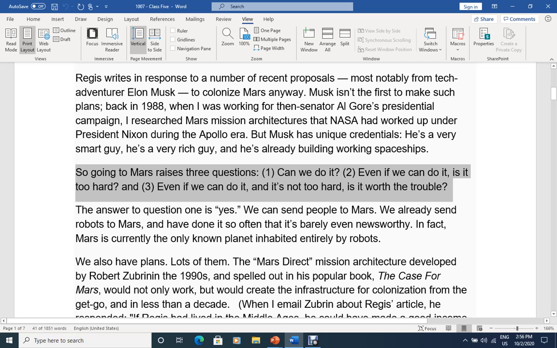We know the first thing he's going to look at is the possibility. How possible is it to go to Mars? The second thing he's going to look at is the level of difficulty in terms of going to Mars. And then the third thing he's going to look at is the benefits. Is it worth the trouble?